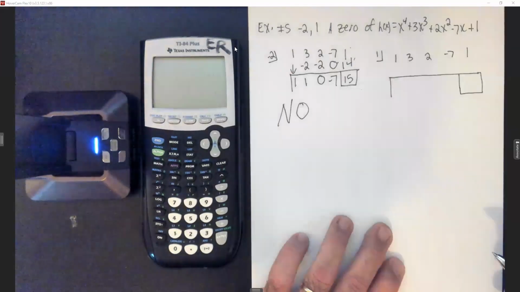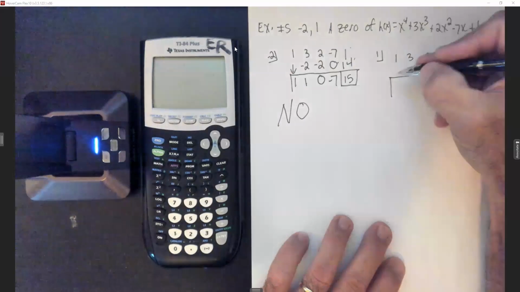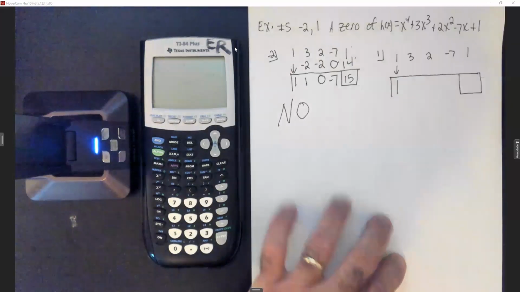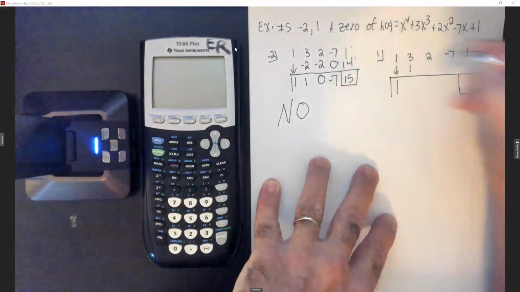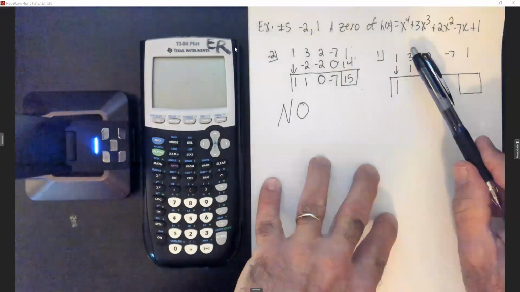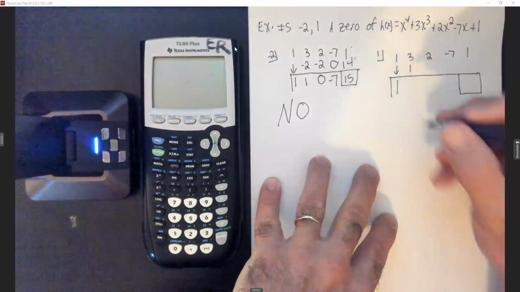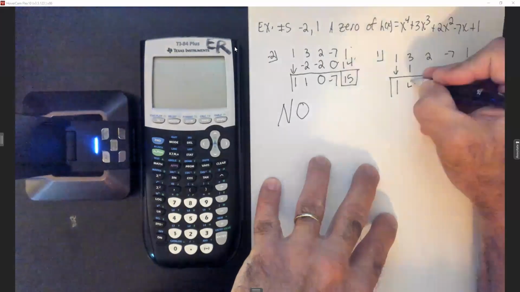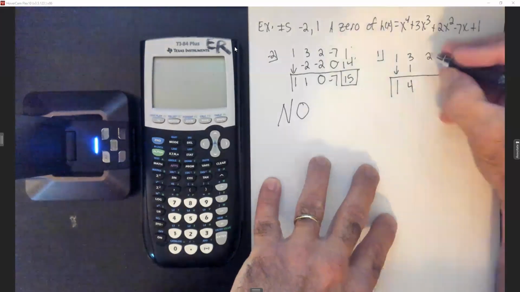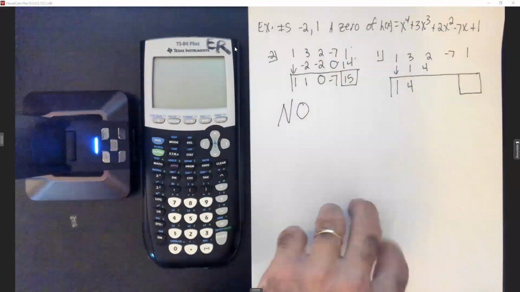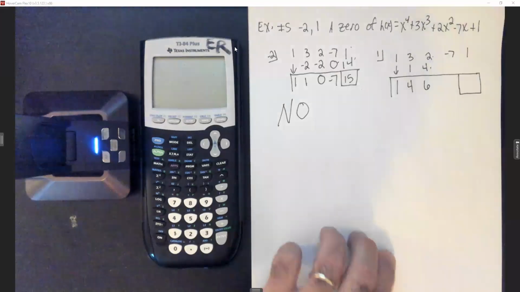All right, so here we go. Bring that 1 straight down. 1 times 1 is 1. Add that 3 plus 1, that's going to give me a 4. 4 times 1 is 4, so bring that to the next column. 2 plus 4 gives me a 6.